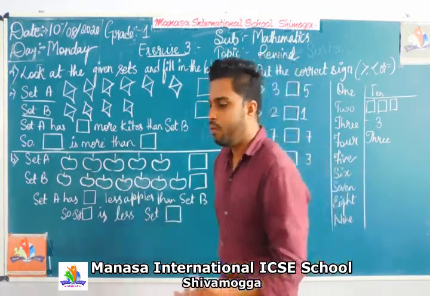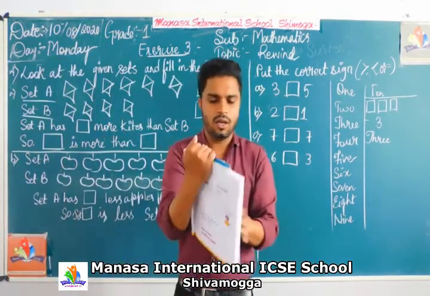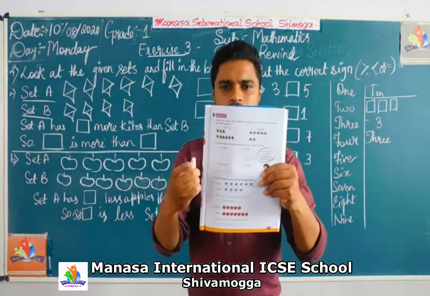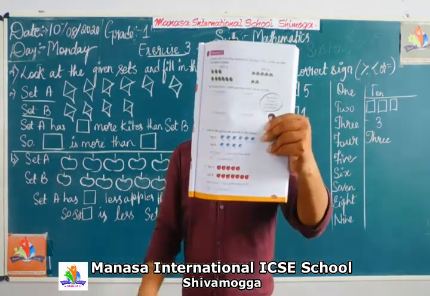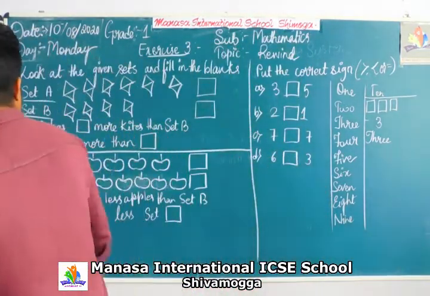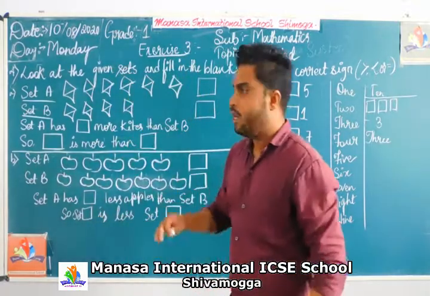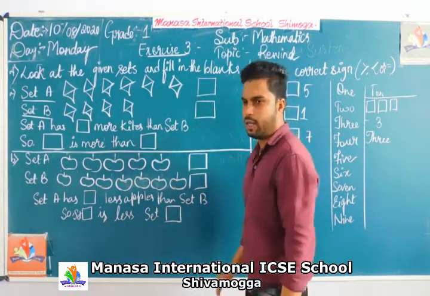In your book, page number 19, Exercise 3, you can see it clearly. So I have drawn it here. Look at the given set and fill in the blanks.